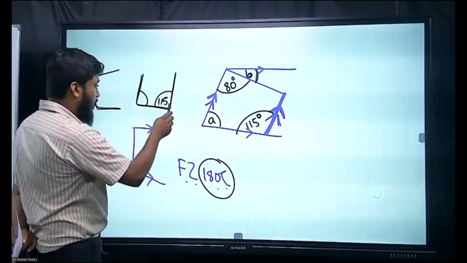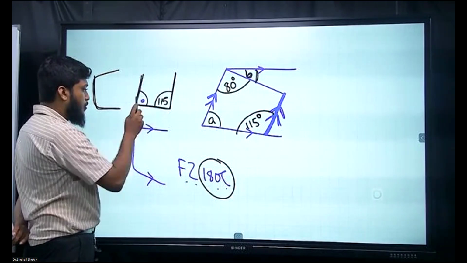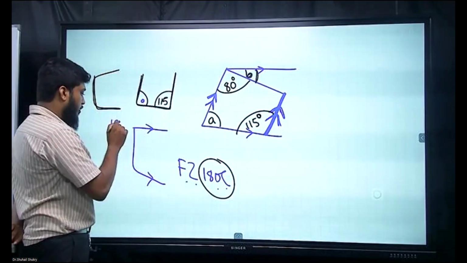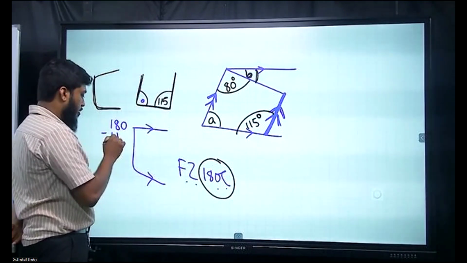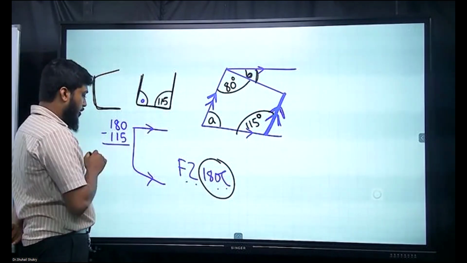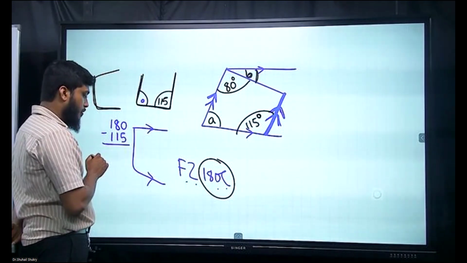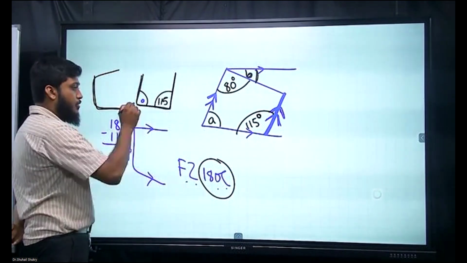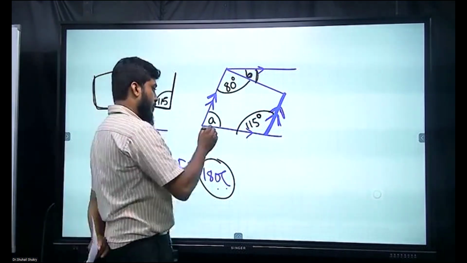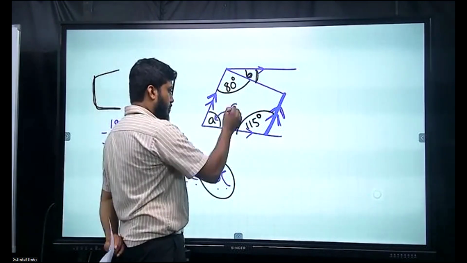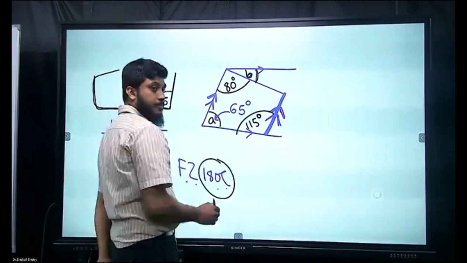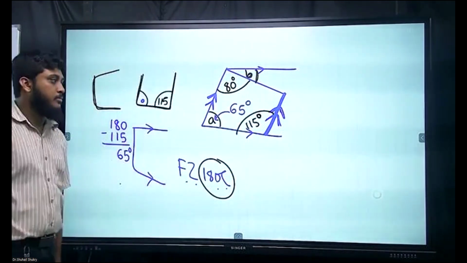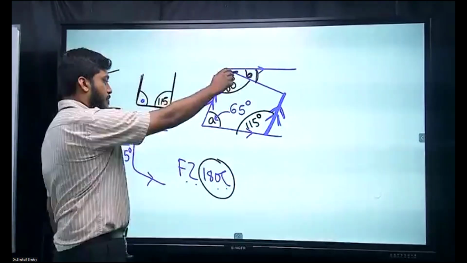Now this is 115. If you want to get 180, what should this be? 180 minus 115. So how much do you get for this? 65 degrees. So this one is 65 degrees. And what is this value then?